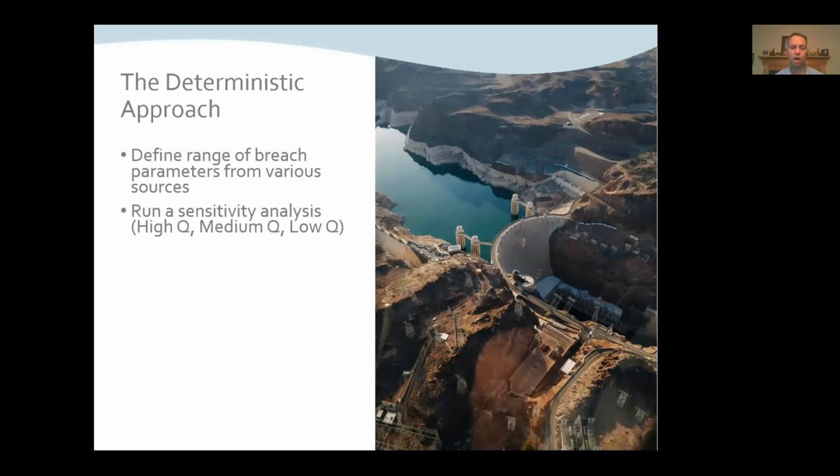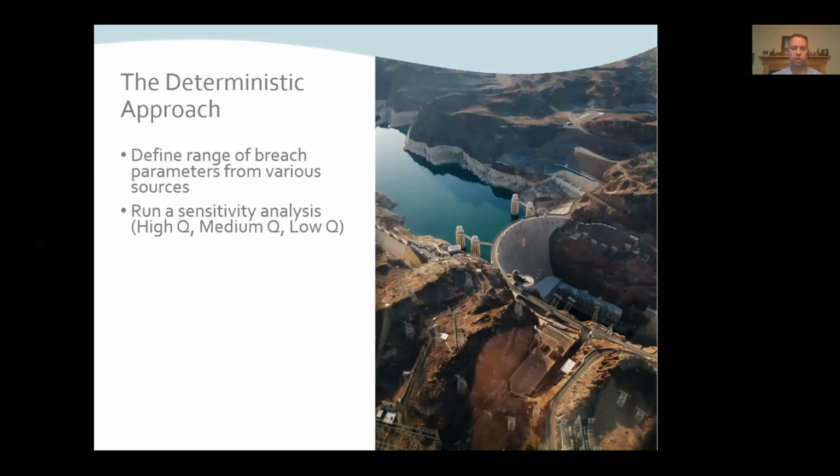And to acknowledge the uncertainty, we typically will run a sensitivity analysis. So we'll have a set of breach parameters that produce the highest peak discharge and another set that produces the lowest peak discharge from a dam breach event. And just to round things off and make a more robust analysis, we'll add in a medium Q, which might just be an average of the two.